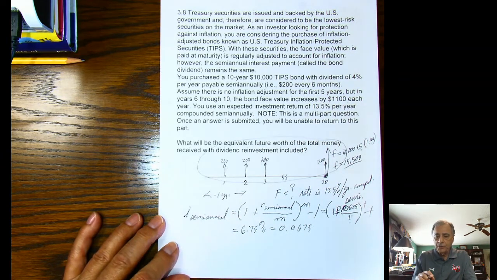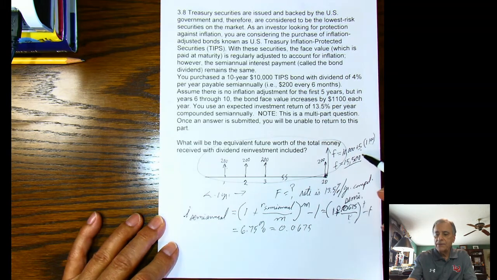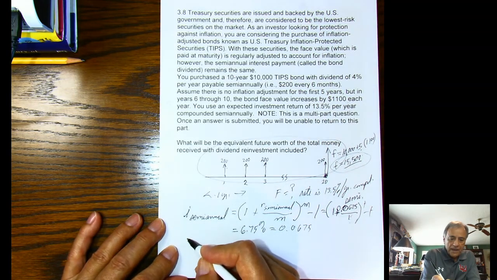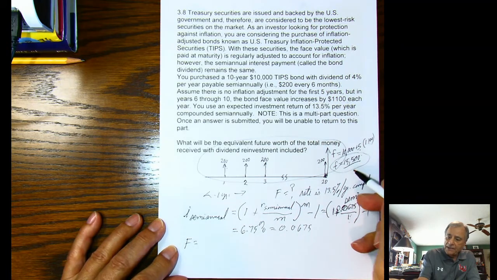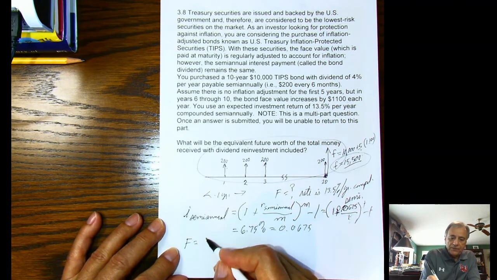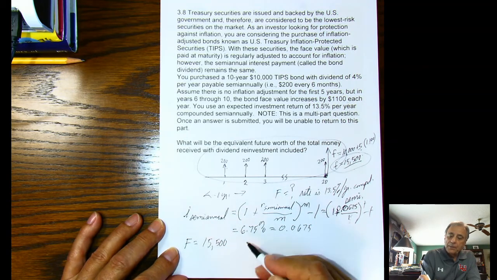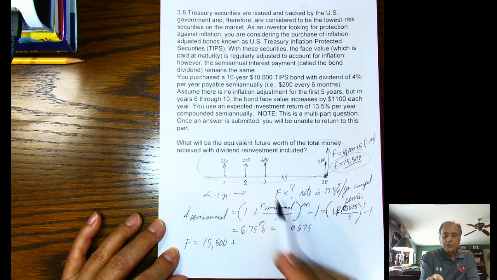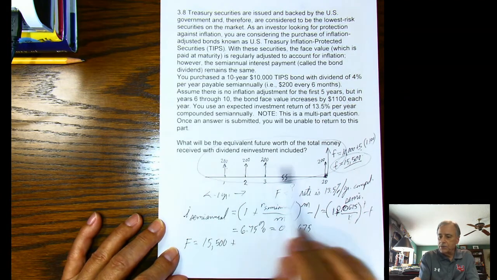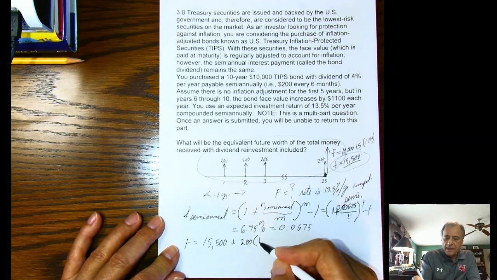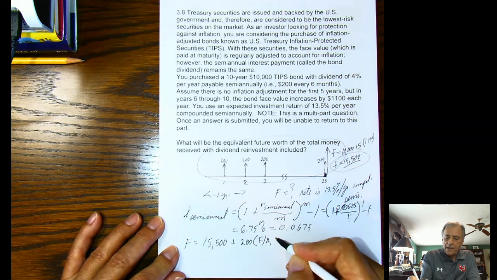So I have two things out here in the future. I have this face value. So the future value, F, will be that face value, because it's at the future time, 15,500, plus this uniform series, its future value. Well, that's an amount A, $200, F/A at rate I for N periods.